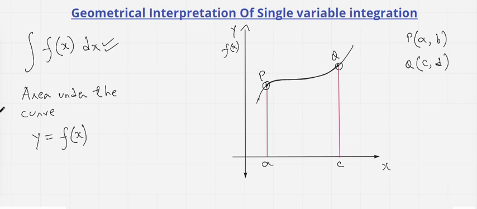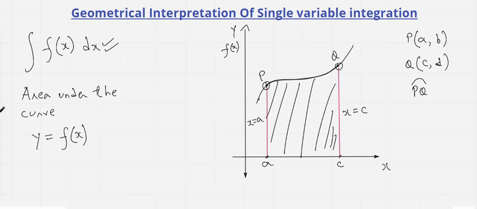So I need to find the area of a certain region which is bounded by this arc PQ, the line x equals A, the line x equals C, and the segment on my x-axis starting from point A and ending at point C. So actually I need to find the area of this region, also called the area under the curve.